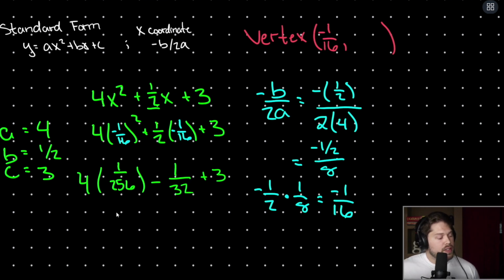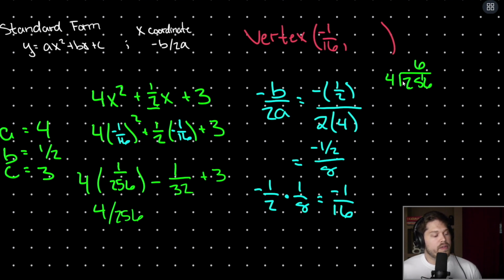4 times 1 over 256 is 4 over 256. And this simplifies. They're both divisible by 4. And what would that be? Here, let's go out to the side. 256 divided by 4. 4 goes into 25 6 times.